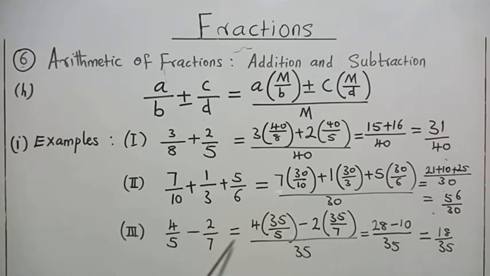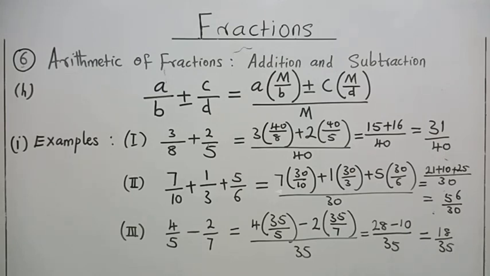And then next, when 7 divides 35, the result is 5. 5 times this 2 is 10. See it here. So that leads us to 28 minus 10 all over 35. 28 minus 10 is 18, then over 35. And this is the answer because we can't reduce this 18 over 35 to lowest terms.